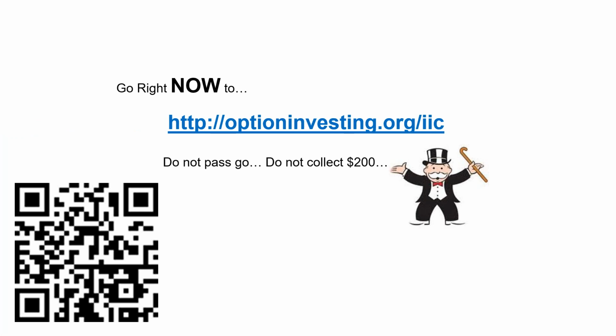Using near-term at-the-money options, erring to the side of out of the money, please write that down. Near-term at-the-money, erring to the side of out of the money. These options are optimized for being sold to profit on theta decay.